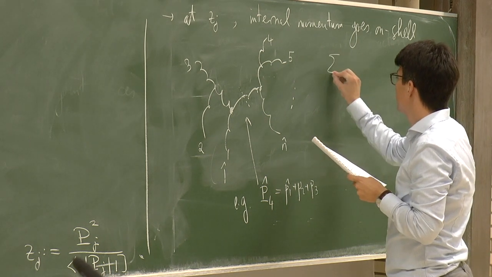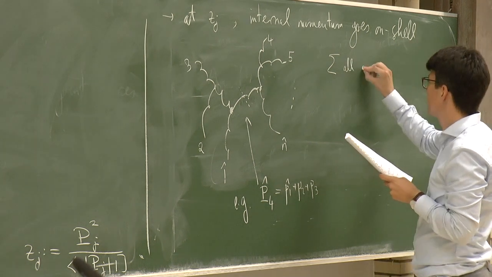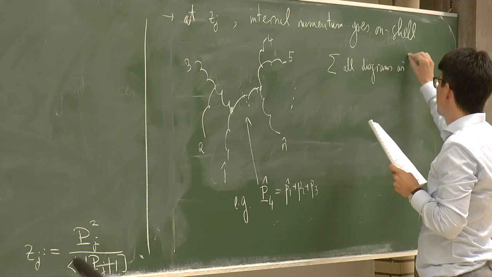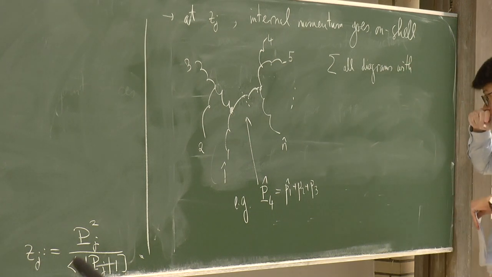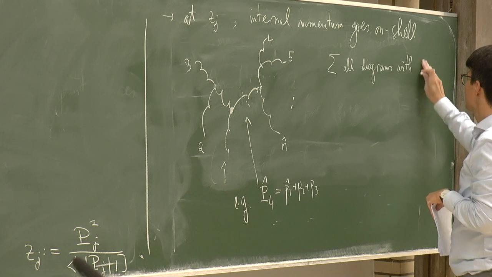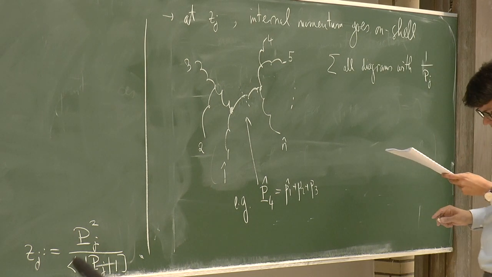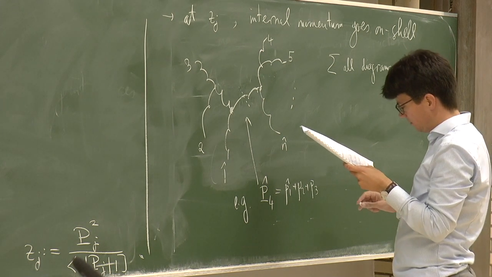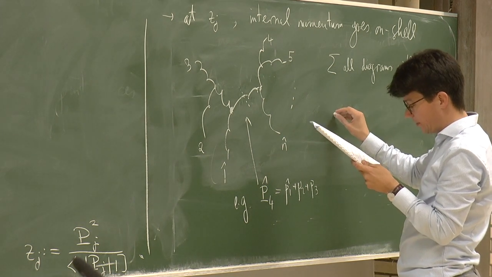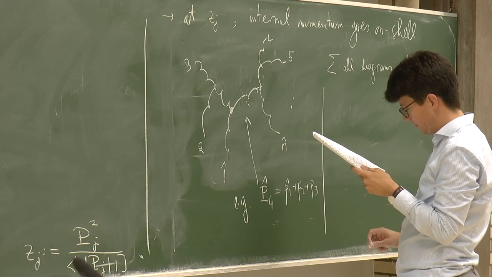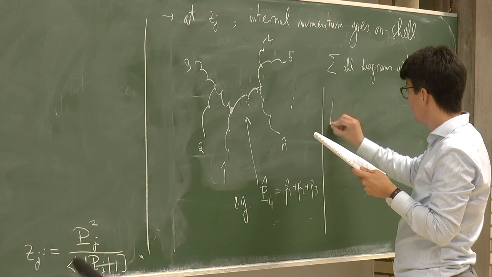So if we sum over all diagrams with this internal line, with this 1 over p_j line, we get the following picture.